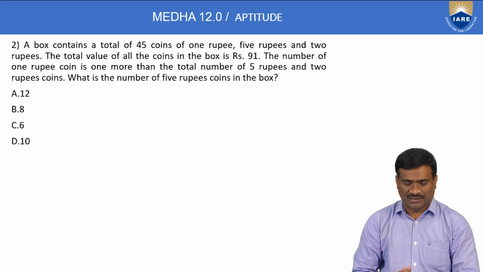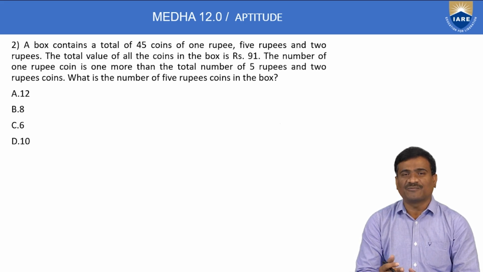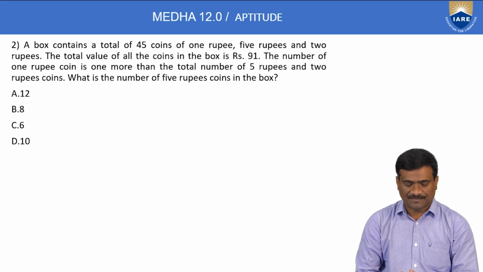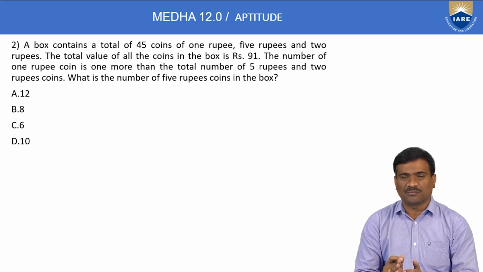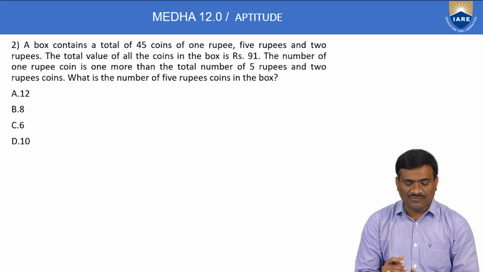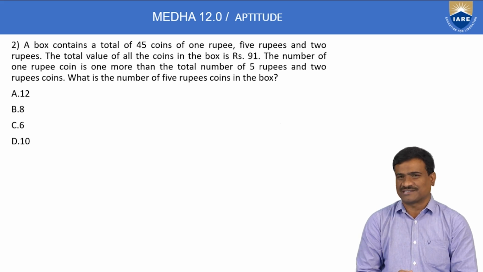Second example. A box contains a total of 45 coins of 1 rupee, 5 rupee and 2 rupees. The total value of all the coins in the box is 91 rupees. The number of 1 rupee coins is 1 more than the total number of 5 rupee and 2 rupee coins.